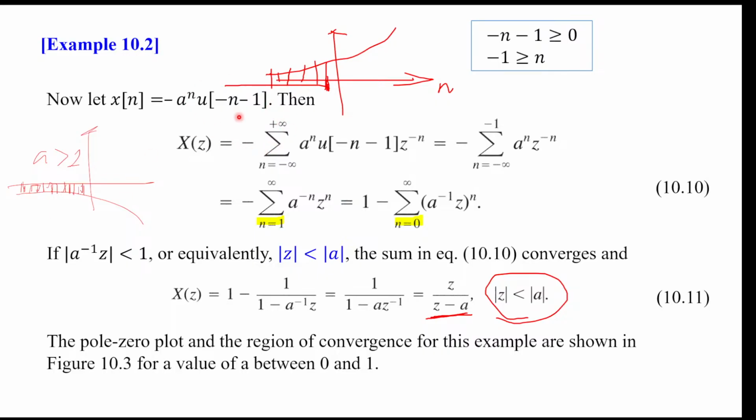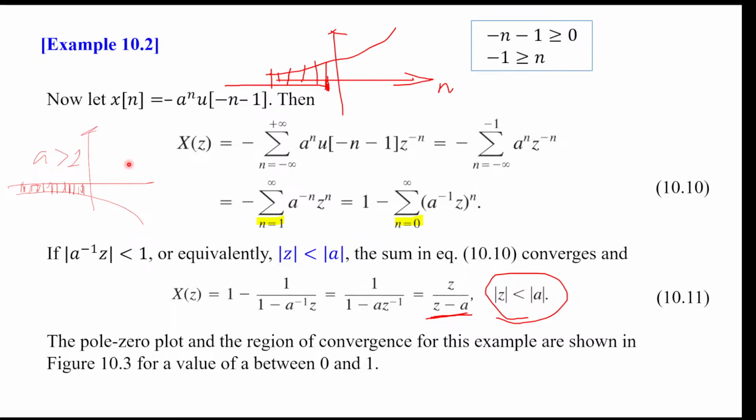To save you some calculations, think about what kind of n will be included in this u[-n-1]. You want -n-1 to be greater than or equal to 0, so you move the -n to the right-hand side, and you have -1 greater than or equal to n. So this has value only when n is less than or equal to -1.